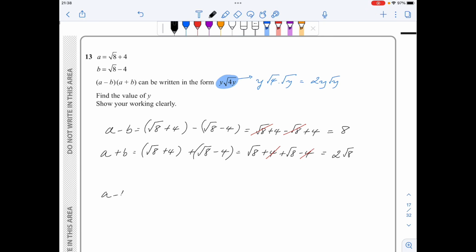Hence, a minus b times a plus b is equal to 8 times 2 square root of 8. And if I compare this with what I'm supposed to show, y is equal to 8.